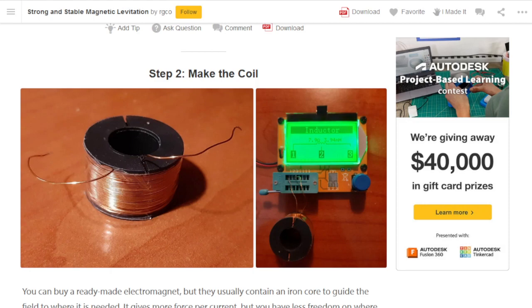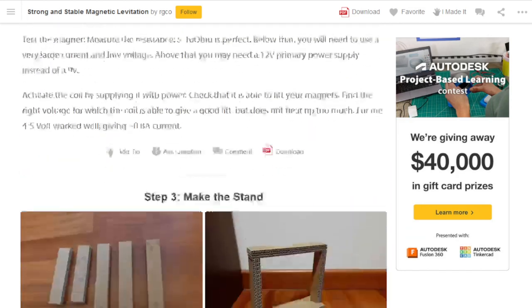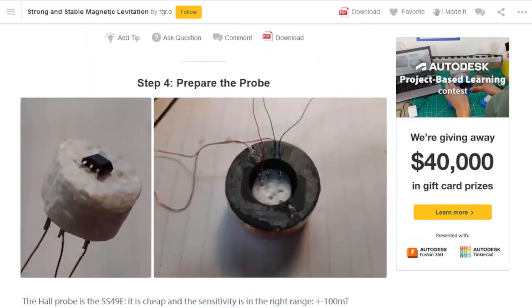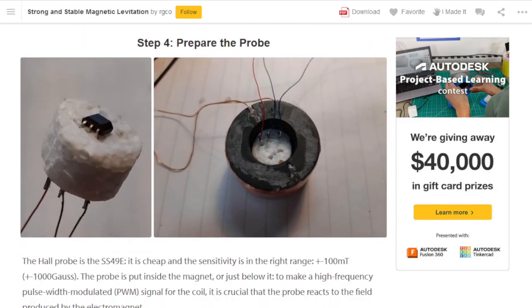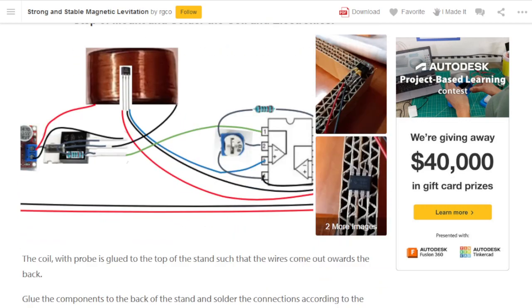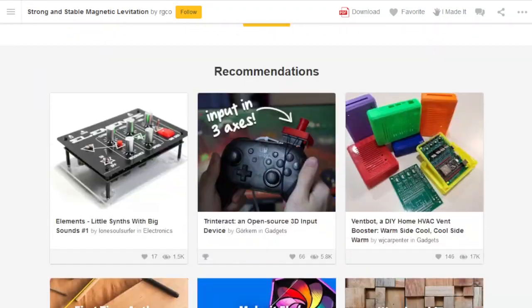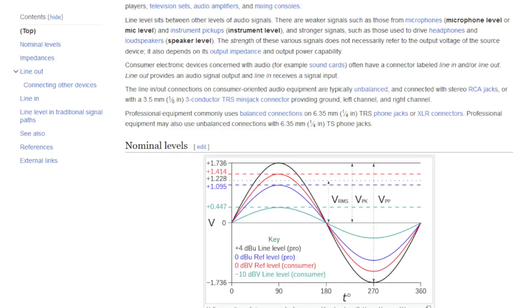So that's just wire that he bought. I've got a coil of wire like that, but it's thinner. That's why I'm thinking of using that coil. Yeah, I don't know what he's doing there.